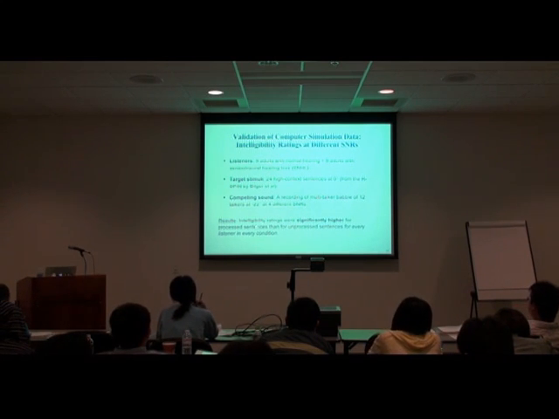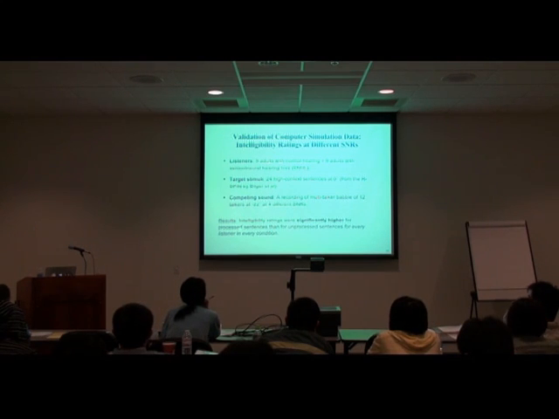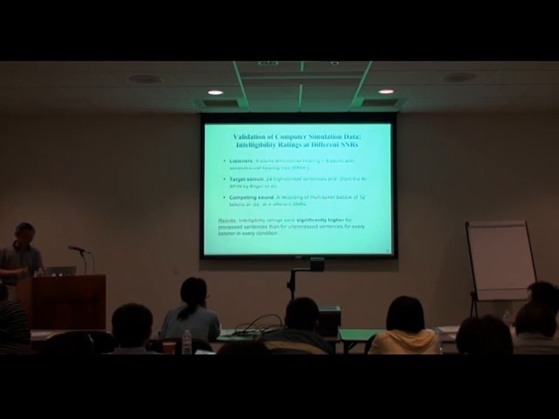I'm not going to go through this because this is really the preliminary stage. We found that the intelligibility rating was significantly higher for processed sentences than for unprocessed sentences. So that encourages us that okay, it's time for us to build a real scientific prototype.